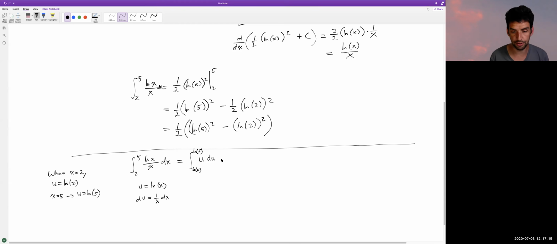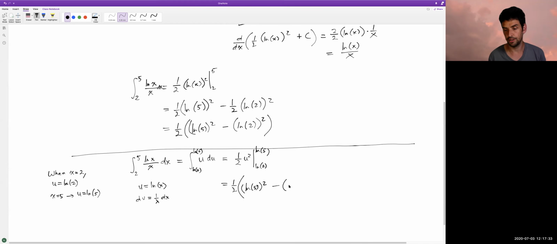And this is a perfectly reasonable thing to write. Those are two numbers. This becomes the antiderivative of u is 1/2 u squared. And I'm evaluating this from the natural log of 2 to the natural log of 5, which is equal to 1/2 times the natural log of 5 squared minus the natural log of 2 squared, which is exactly what we got above.